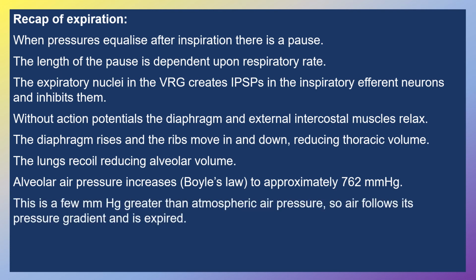This is a few millimeters of mercury greater than atmospheric air pressure, so air follows its pressure gradient and moves out of the lungs from high to low. At equalization, the pressures in the alveoli and in the atmosphere have equalized. There is a pause before inspiration starts again.